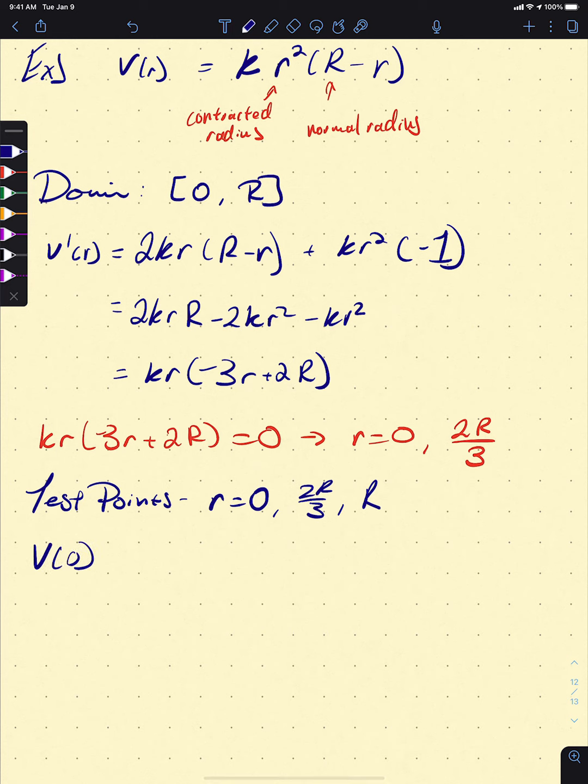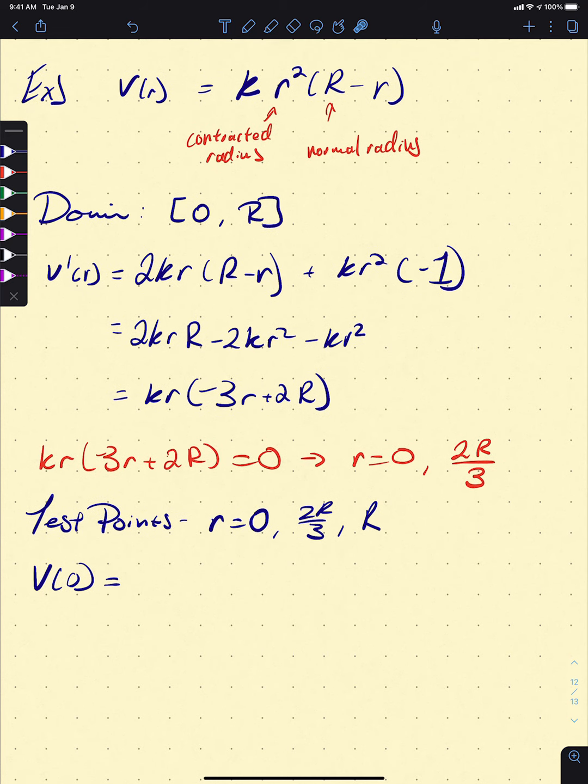What happens if we put 0 into our function? Well, the whole thing is going to collapse to 0, because we have a factor of 0. So we get 0. What happens if we put R, just testing the endpoints? Well, if we put little r equals big R, then this factor is 0, and our whole thing collapses.